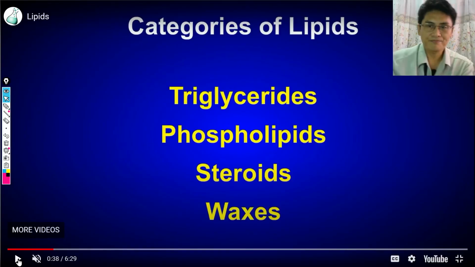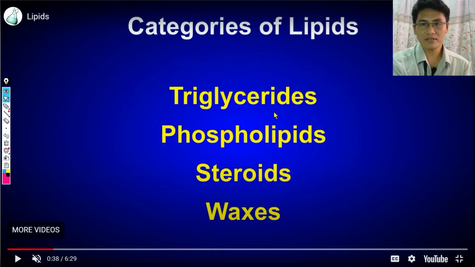So let me repeat. For a wax to be a wax, it has to comply with those requirements. Number one, it must be insoluble in water. Well, that's a given because lipids are generally insoluble in water. Number two, it must be solid at room temperature, right? Number three, it has no specific structure.